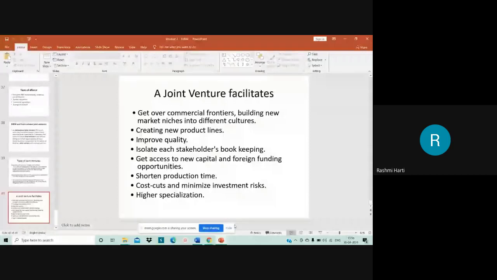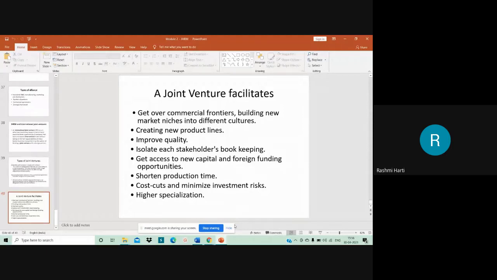The company that wants to explore international trade without taking on full responsibility of cross-border business transactions has an option of forming a joint venture with the foreign partner. Types of joint ventures we have seen are corporate joint ventures, non-corporate joint ventures, and all those things.